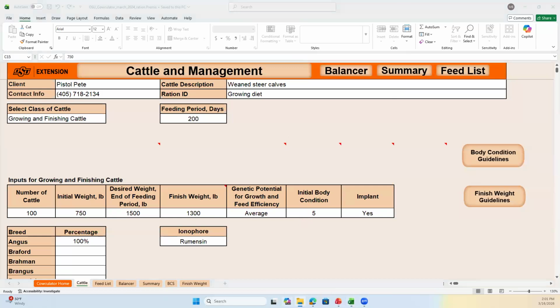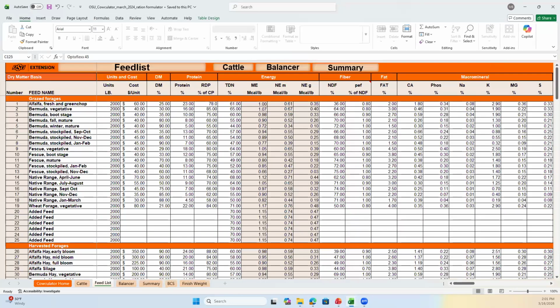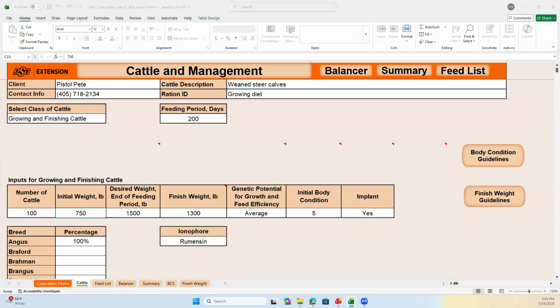I'll go ahead and have 2 of these open at once. It's much easier if you can have 2 of the calculator programs open at once.